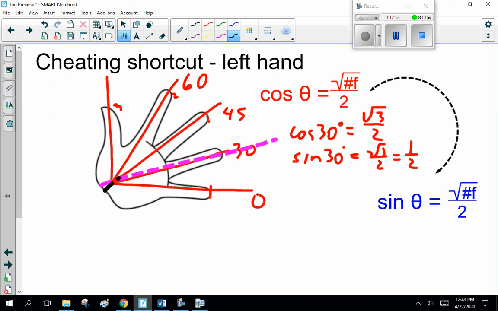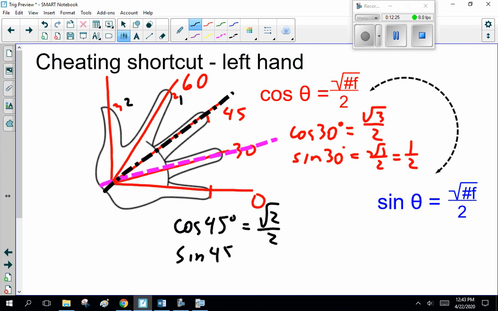So let's do 45. See if you remember that. Cos of 45 degrees, there are 2 fingers above, so that's the square root of 2 over 2. Sine of 45 degrees, there are 2 fingers below, square root of 2 over 2. Not 0.707 something something something. I'll be mad if you do that. All right? So this is the left-hand cheating shortcut for figuring out angles. Now, so far so goodish?